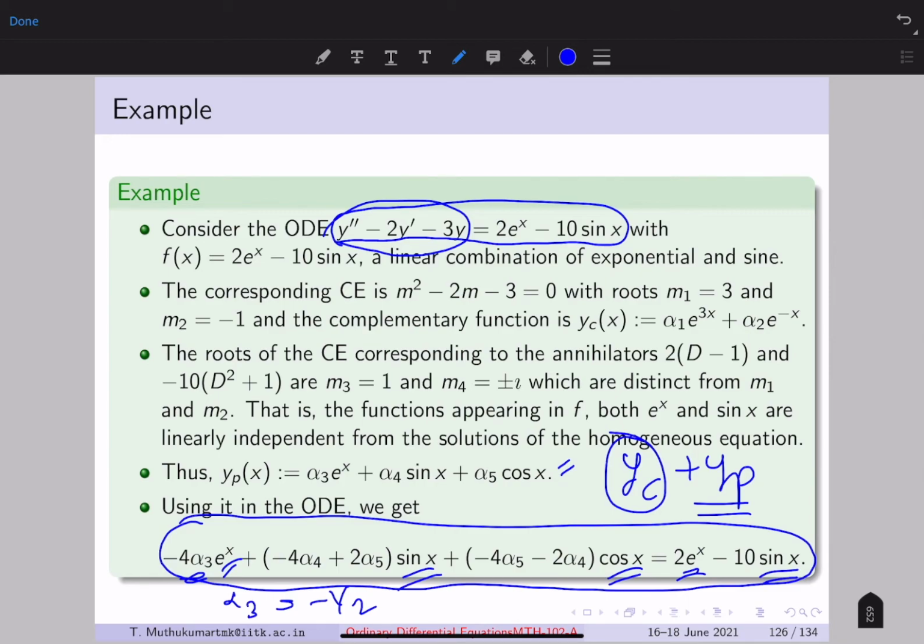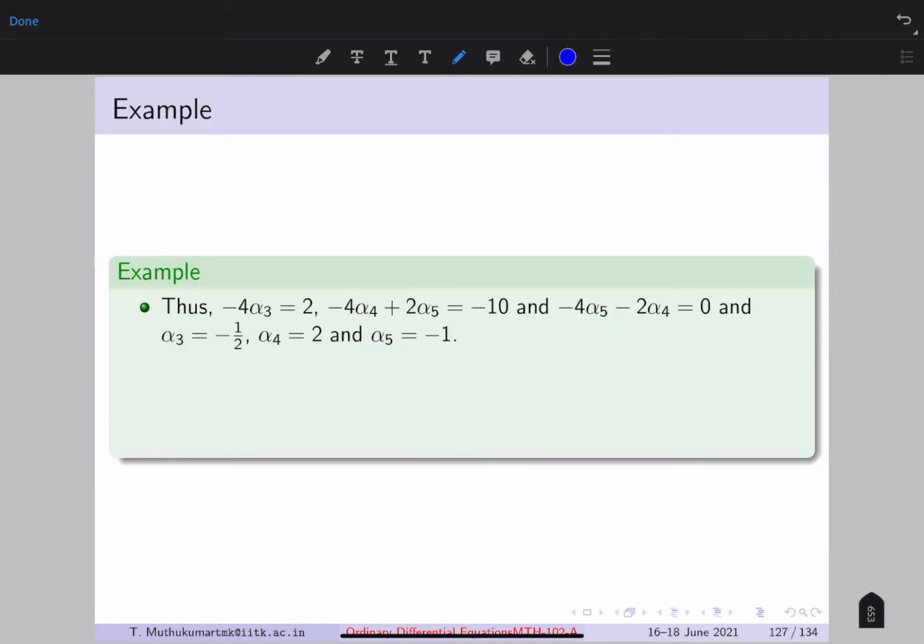Similarly, alpha 4 plus 2 alpha 5 is minus 10, this coefficient is 0, and this is 2. Equate that, and you get alpha 3 is minus half, alpha 4 is 2, and alpha 5 is minus 1. So we have determined the coefficients.